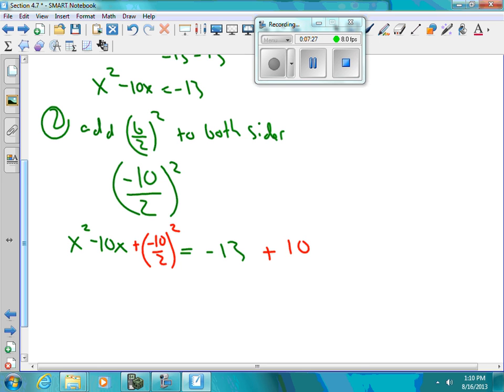And this is legal because we're adding the same thing to both sides. That keeps an equation the same. Just like when you multiply both sides of an equation by 1 or divide by 1, it doesn't change it. Same thing with adding the same value to both sides. Let's simplify this. Negative 10 divided by 2, that's negative 5.